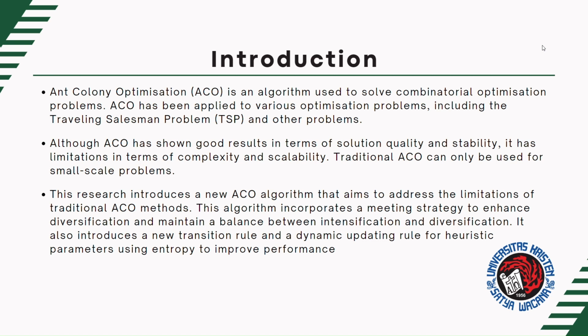Okay, so because of that, this research will introduce a new ACO algorithm that aims to address the limitations of traditional ACO methods. And this algorithm incorporates a mapping strategy to enhance diversification and maintain a balance between intensification and diversification.